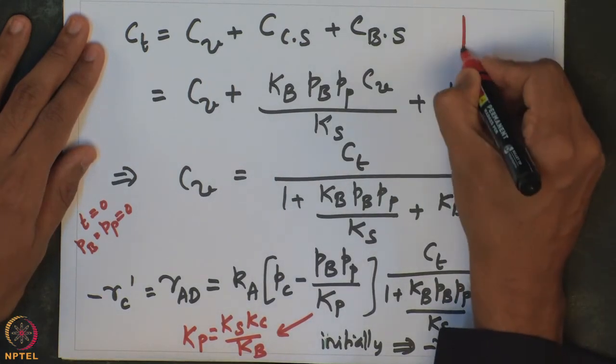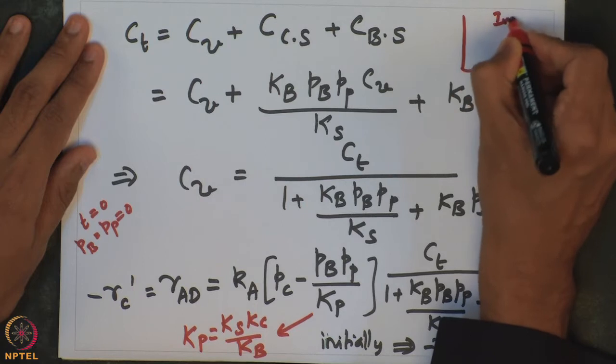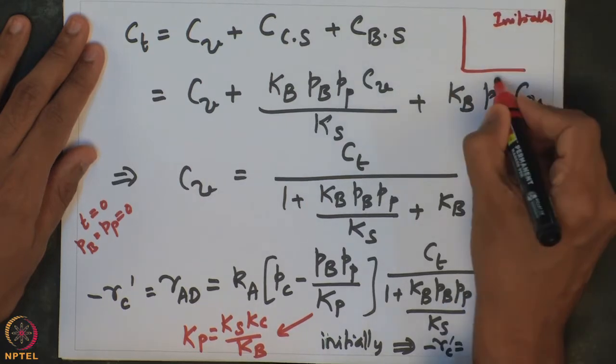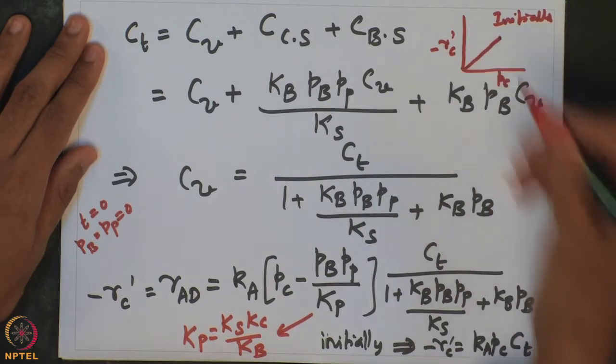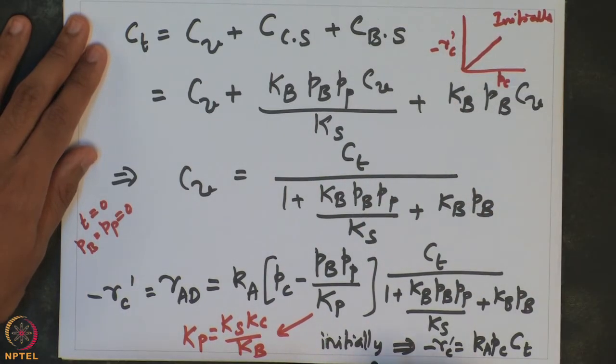If in the initial phase I plot Pc versus Rc prime, one has a linear profile. The overall reaction rate depends linearly on the partial pressure of cumene in the initial phase.